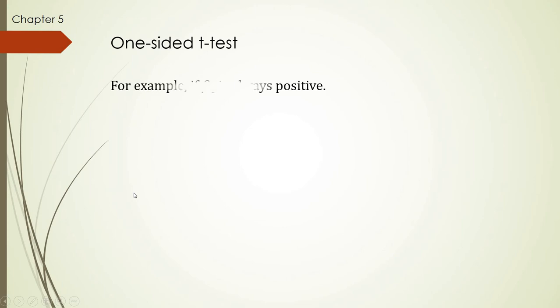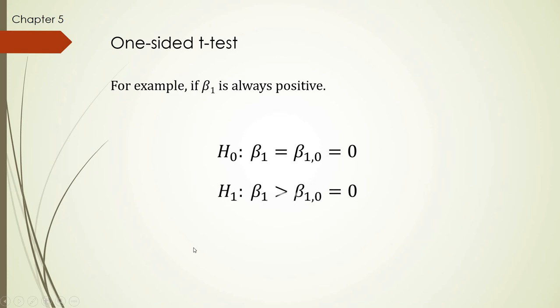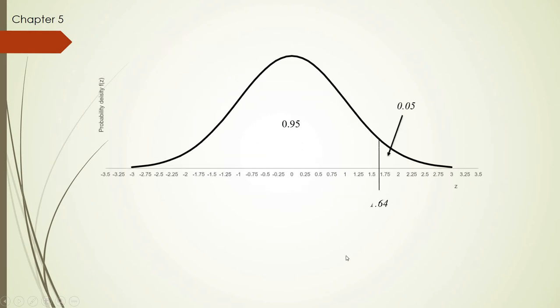The other variation is that if we have a lower limit, for example, if beta 1 is always positive, which means in our example that beta 1 is larger than the hypothetical value, which is 0. Since we have the lower limit, now it is larger than 0, and our critical value will be positive.